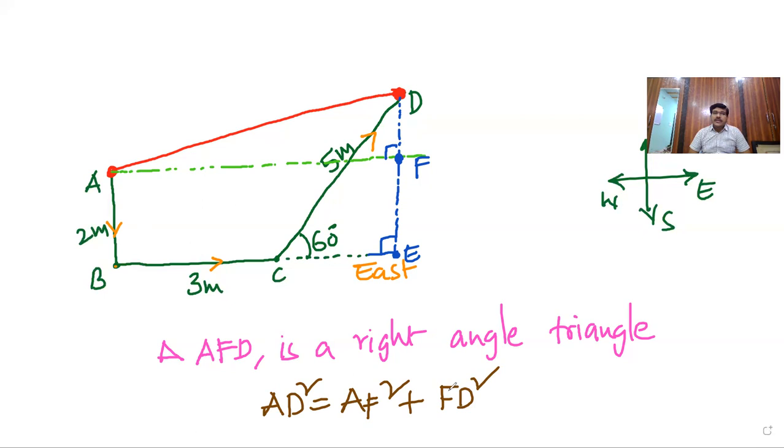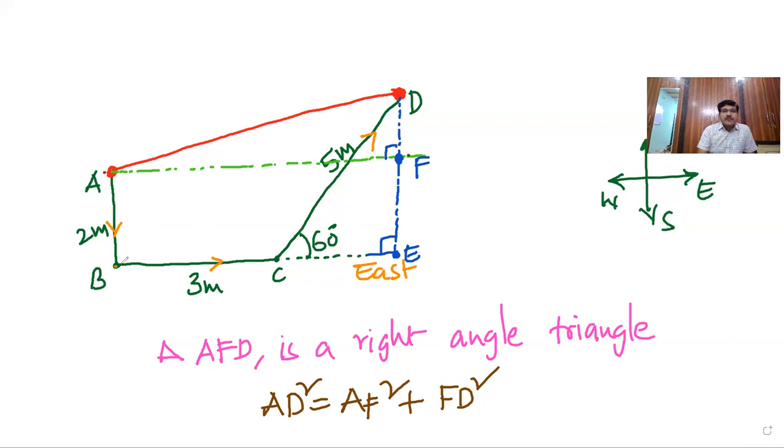Is it clear? FD square. If I know AF and FD, I can easily find out the AD. Clear? Observe this. I want the FD as well as AF. Now from this figure, what is AF?